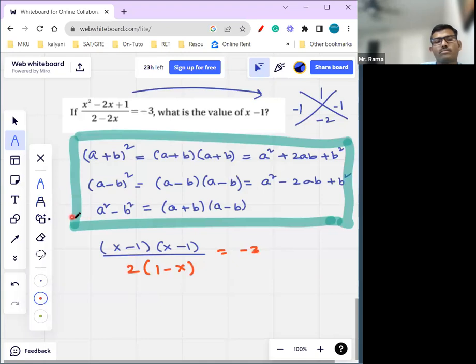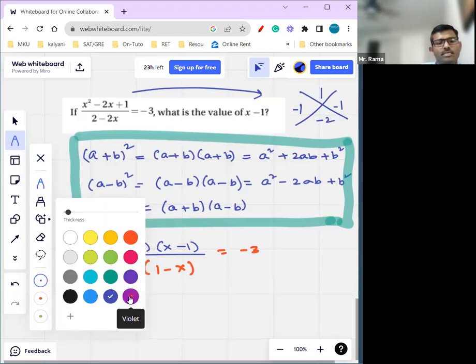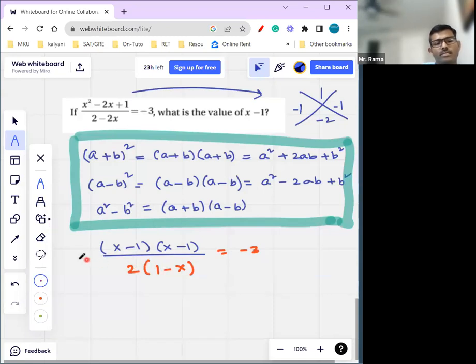So I can multiply by a negative, and if I factor out the negative also, that's going to be negative 2 times (x minus 1). You understand how I get this? If I distribute it, negative times x is negative x, negative times negative is positive 1, which is minus 3. So I can cross out one of the x minus 1s.